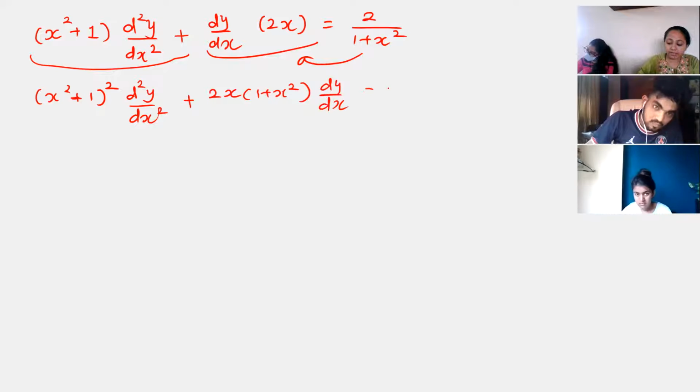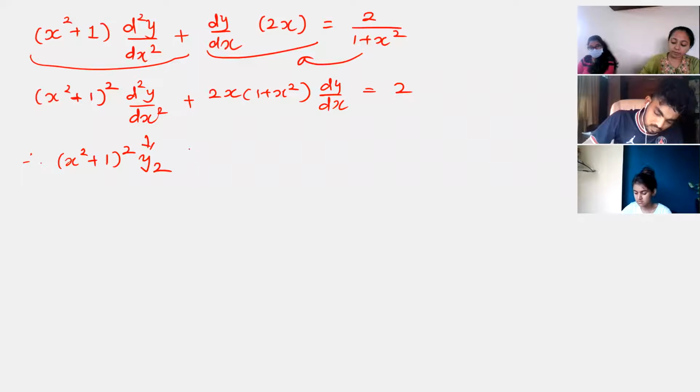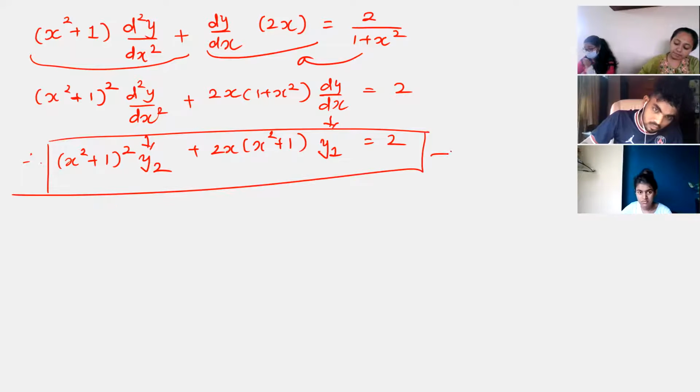I'm just arranging as per the given question. So x square plus 1 the whole square y2 plus 2x into x square plus 1 y1 is equal to 2. If you check here, it shows that the part is the same.